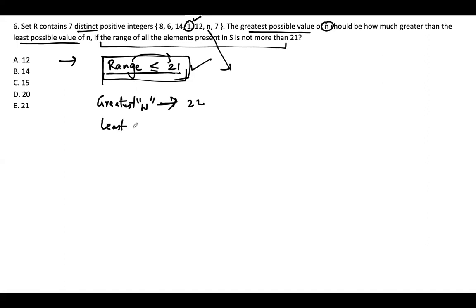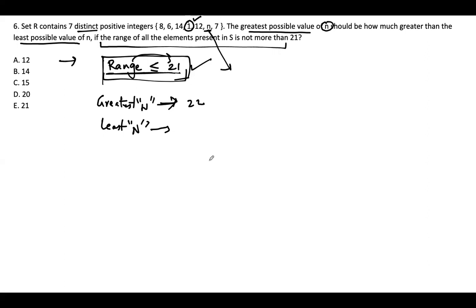Let's talk about the least value of n. Least. So 7. When will the value of n be least? Just look at these values. When can n be least? What is the least possible value of n?